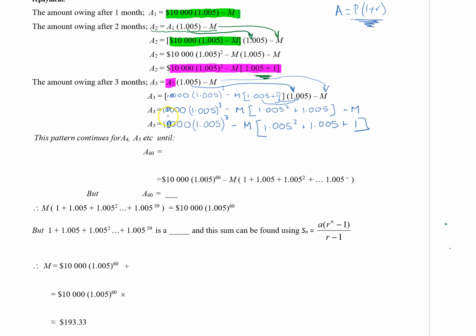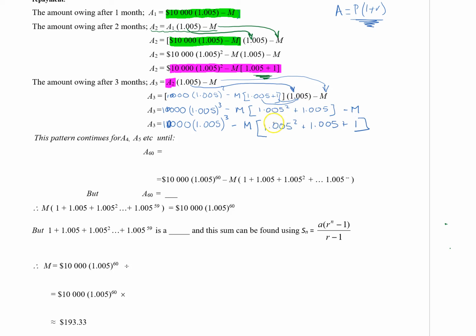So first bit stays the same, 10,000 times 1.005 cubed minus m times, I'm going to leave the m out and just multiply by that. So you get 1.005 squared plus then just one lot of them, and still subtract m, and then, as I did previously, I'll take the m out of these two terms.